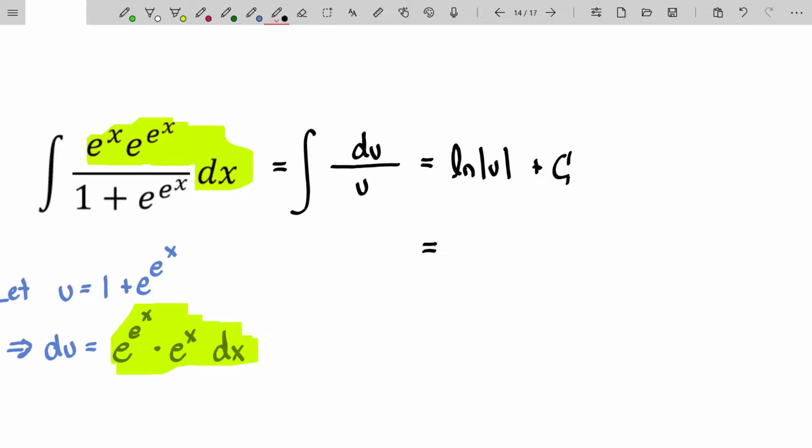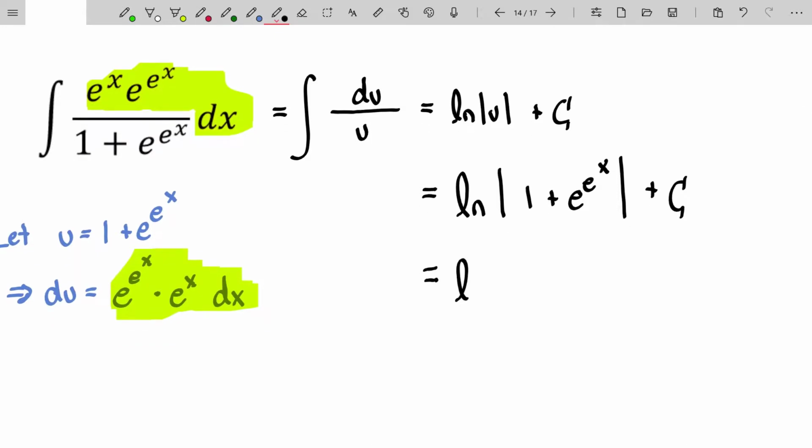But u is 1 plus e to the x, so I'll write this in here, natural log absolute value of 1 plus e raised to the x. A little side note, 1 plus e to the x is already positive, so you don't actually need the absolute values there. So you can just trade this out like that.